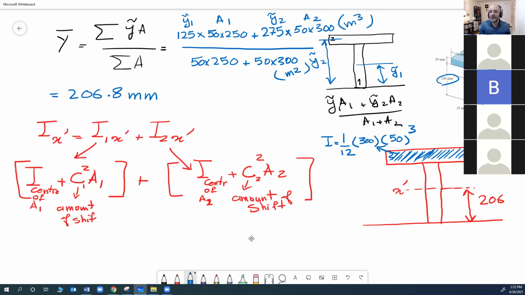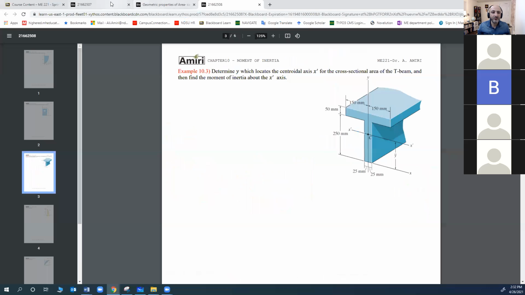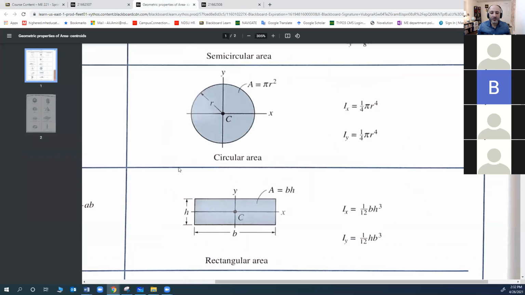It's usually about whichever axis that we are trying to find. This first one is what is parallel to that axis. Okay, let's quickly look here.